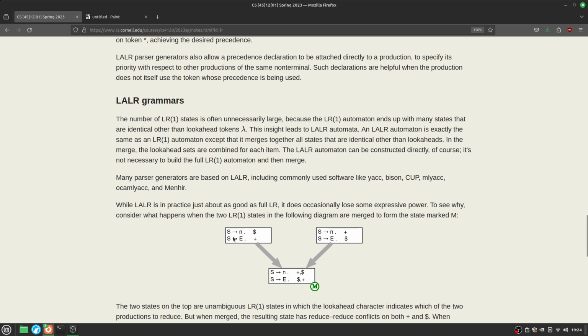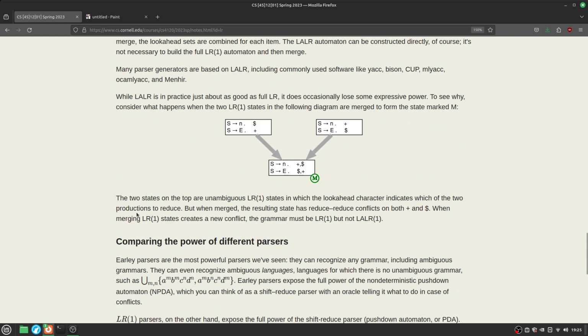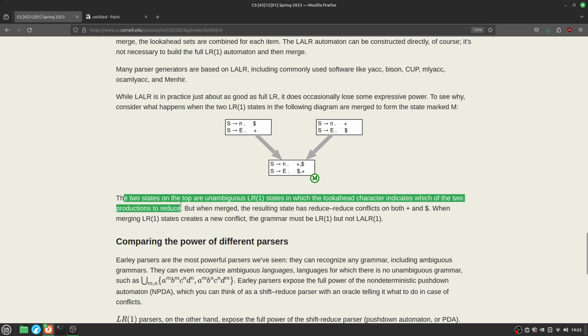So we merged the states, and you get conflicting look-ahead sets. The two states on the top are unambiguous LR1 states, in which the look-ahead character indicates which of the two productions to reduce.